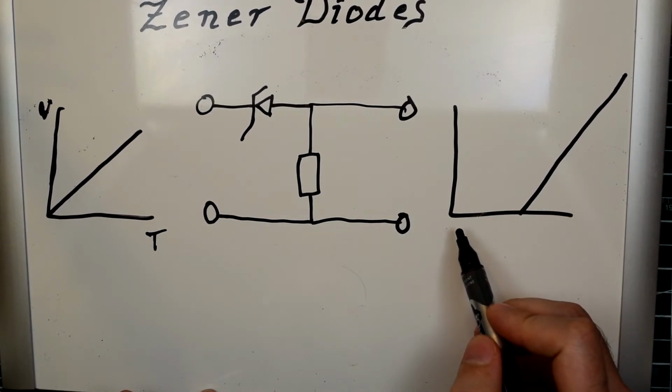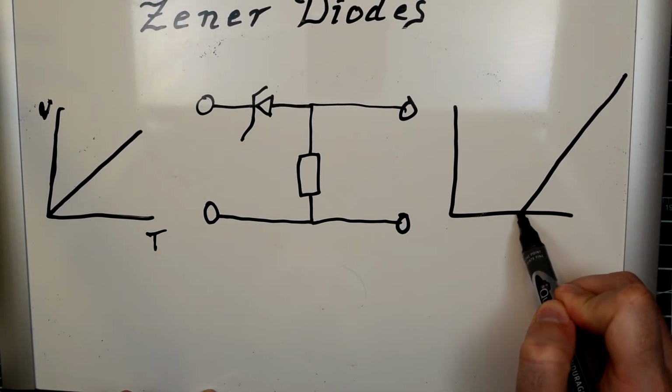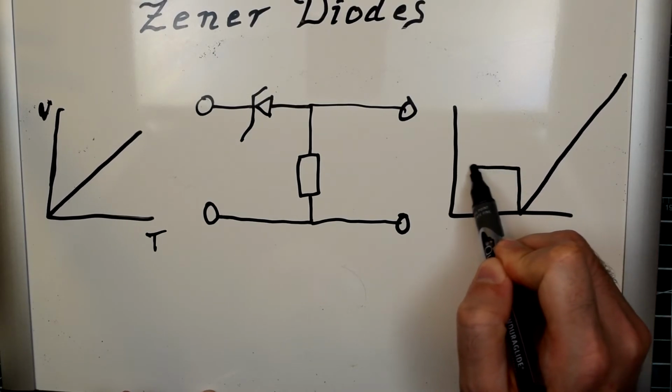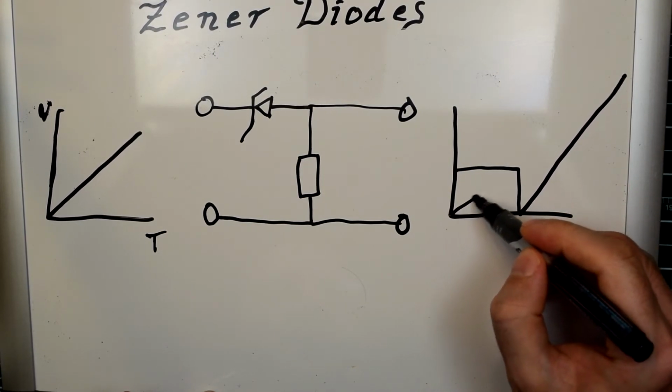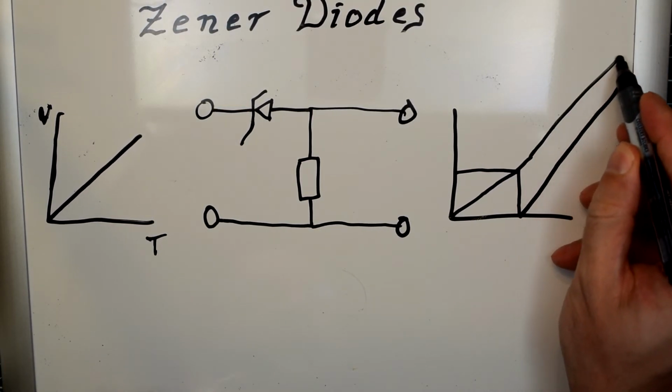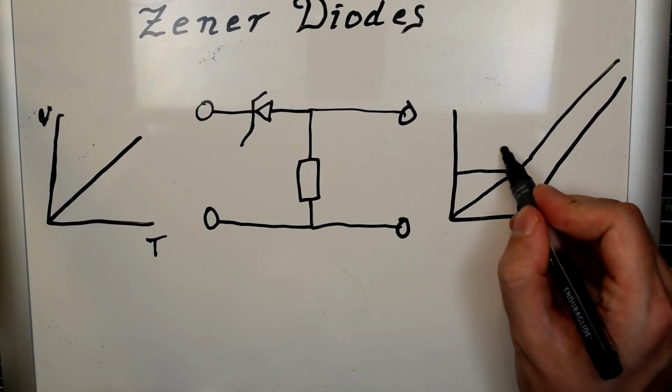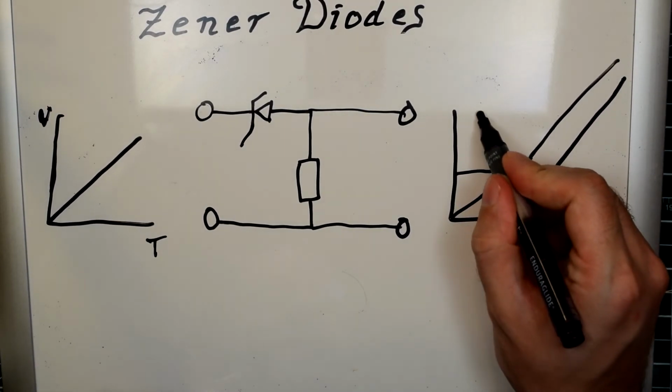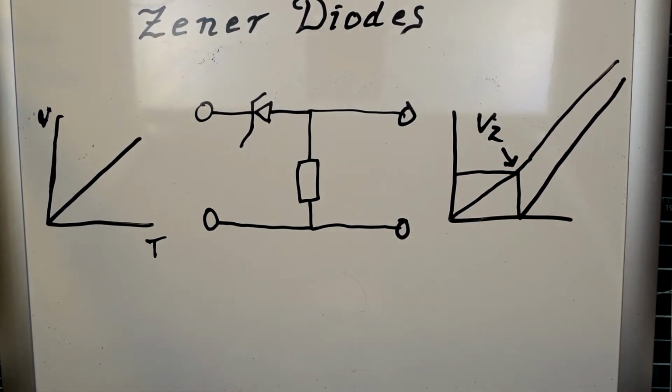And basically, if you were to draw a box with the previous waveform, like so, that's kind of messy. This point here will be the voltage of the Zener.